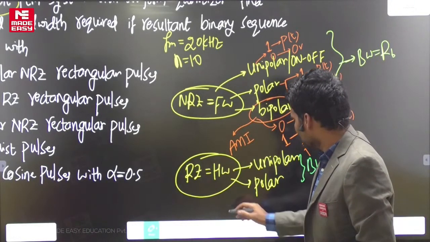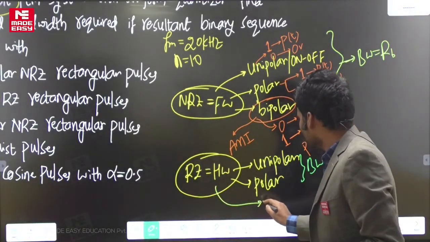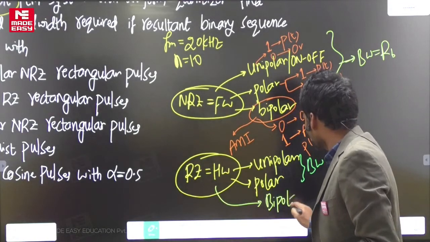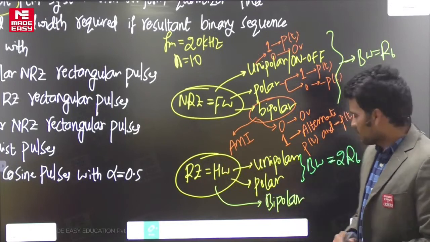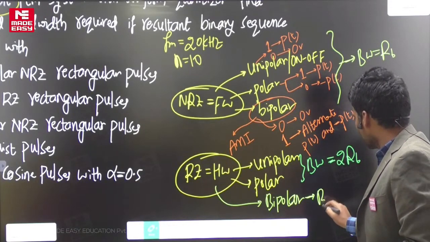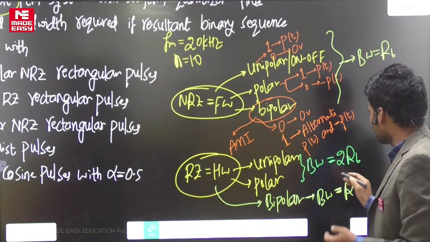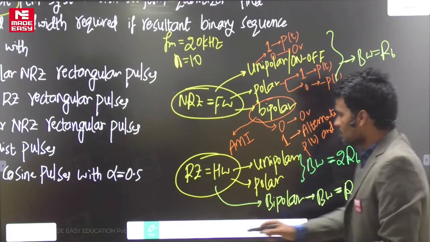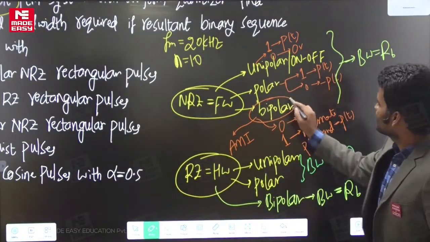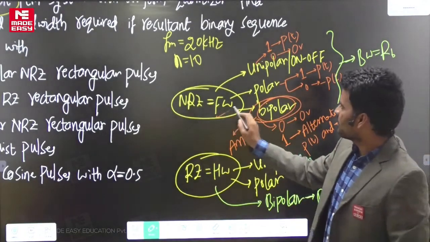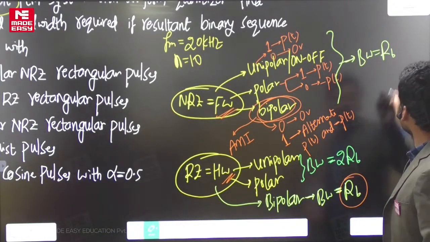And if you take bipolar, this is special. In the case of bipolar RZ pulses, the bandwidth will be RB only. It is what you have to take care of. So in the case of bipolar, that can be full width pulses or half width pulses, the bandwidth is given by RB.